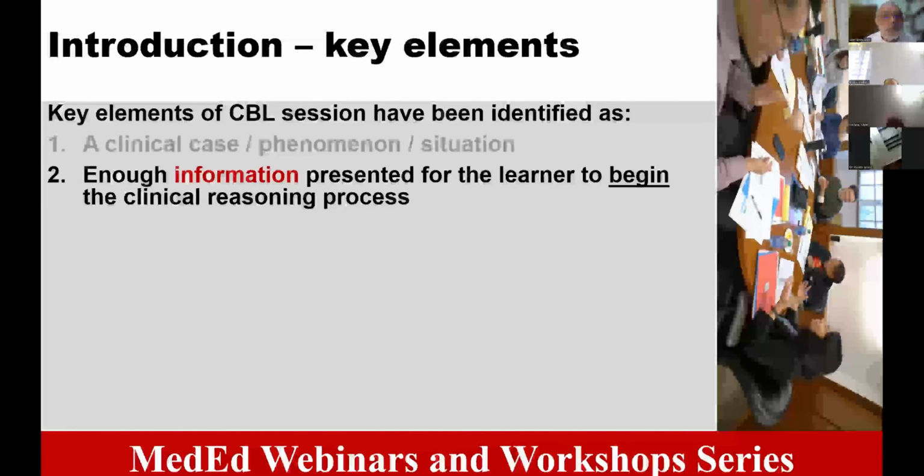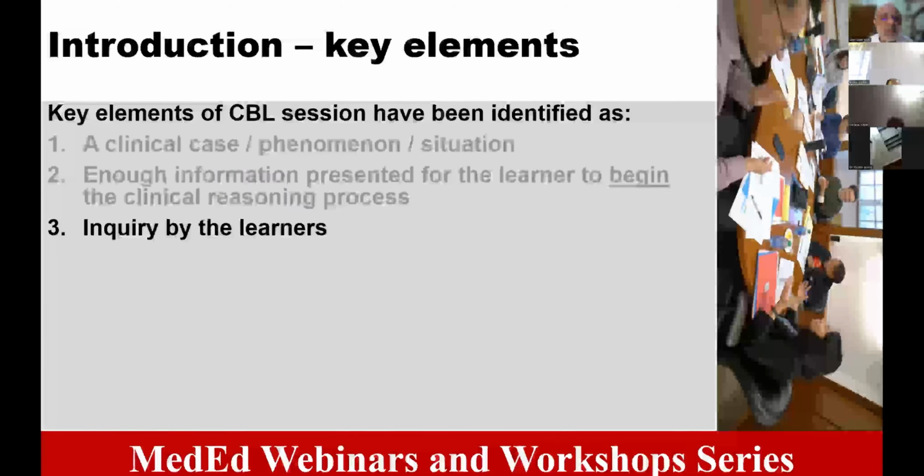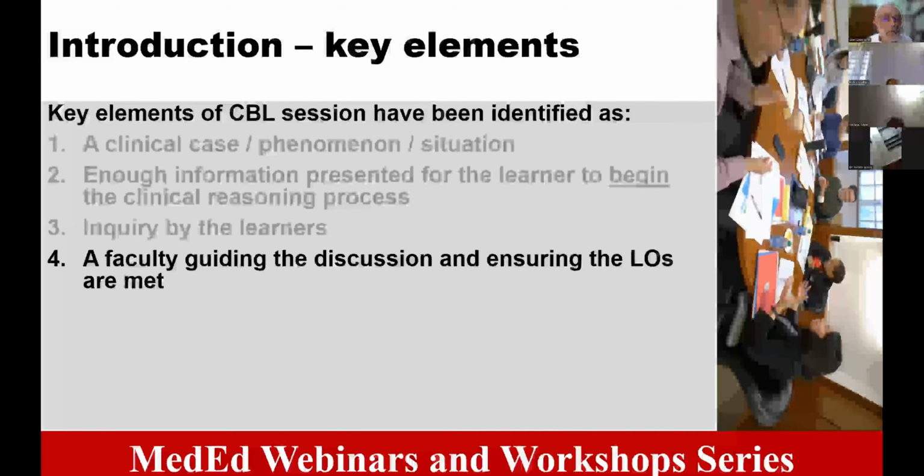Number two, we need to provide enough information for students to begin the clinical reasoning process. Thirdly, inquiry by the learners. So we encourage the students to ask questions, mainly relevant questions. And fourth, a faculty guiding the discussion and ensuring the learning outcomes are met.